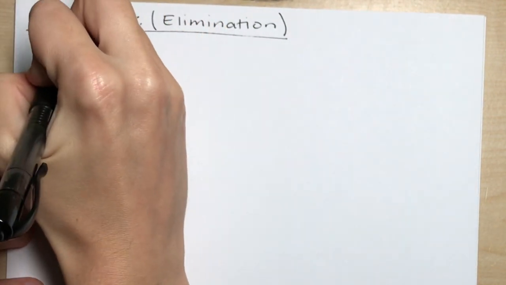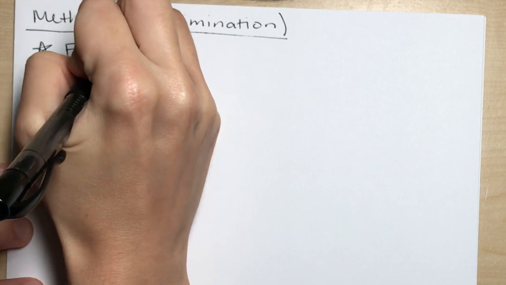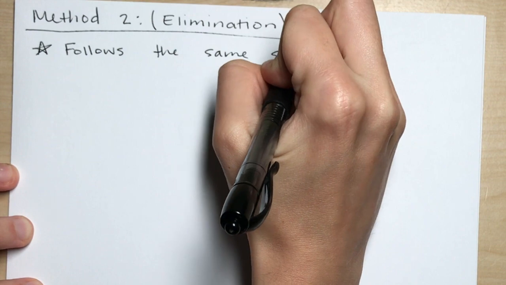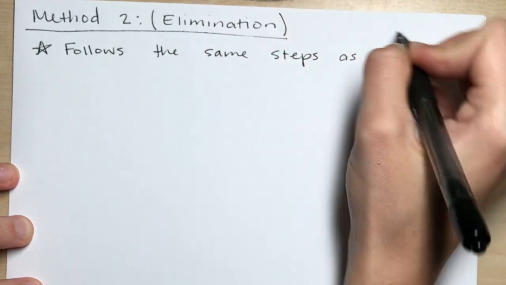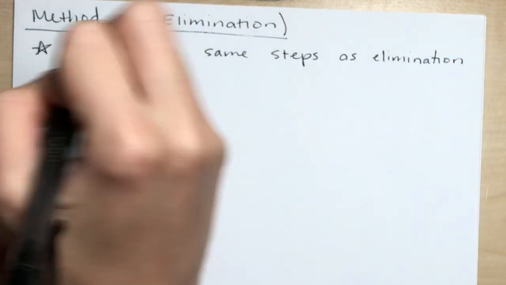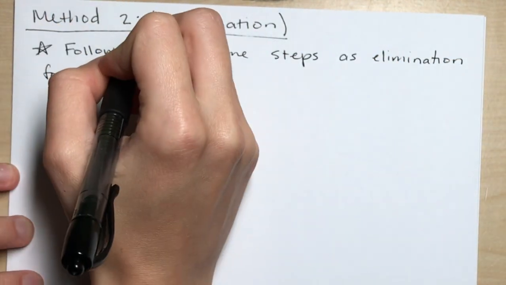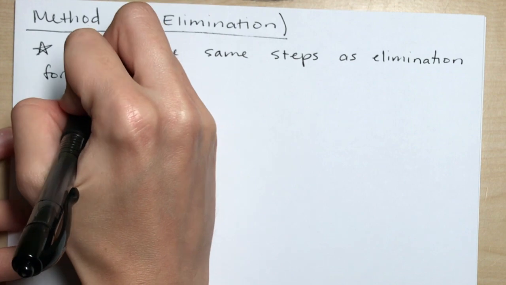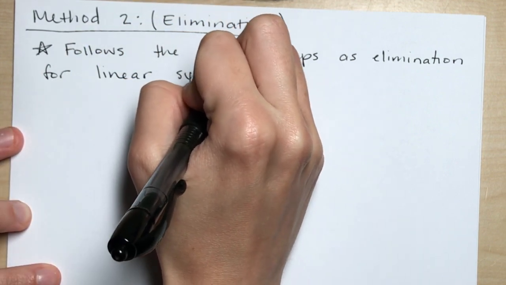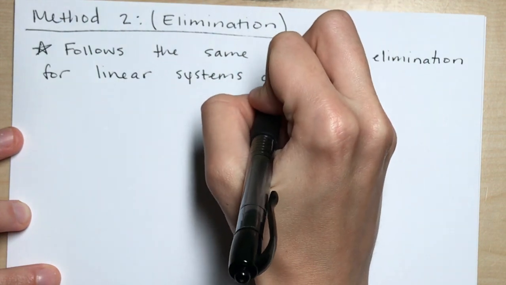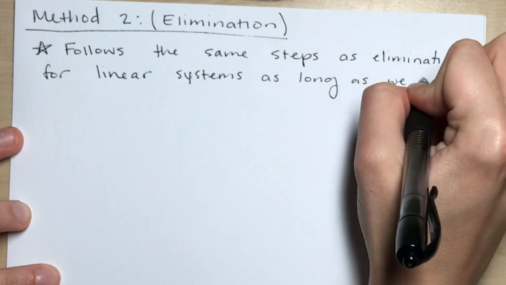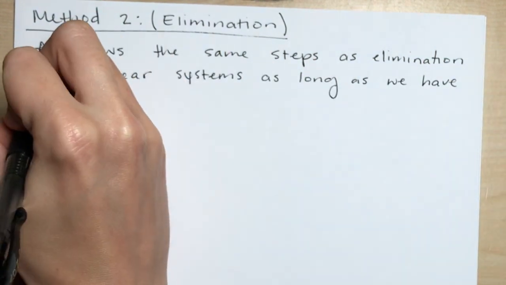Elimination follows the same steps as elimination for linear systems, as long as we have like terms.